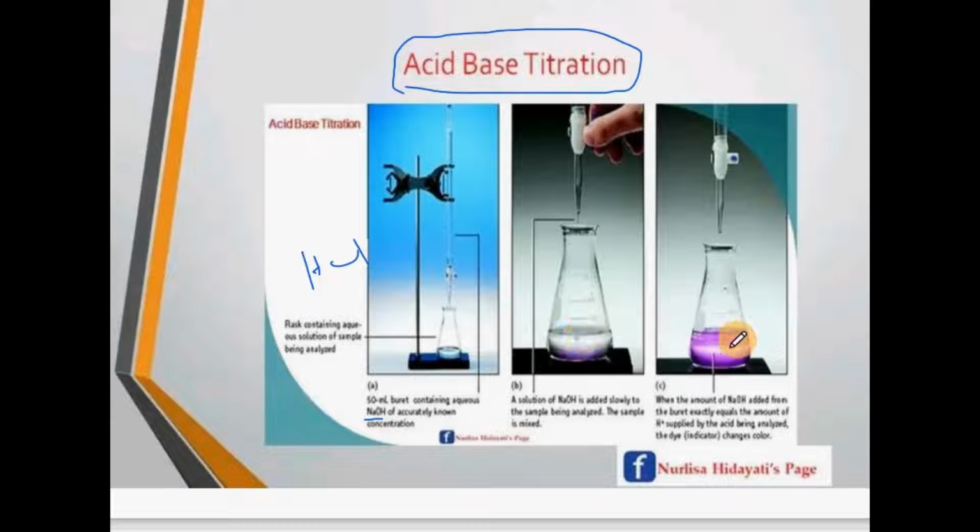When the amount of sodium hydroxide added from the burette equals the amount of hydrogen ions supplied by the acid being analyzed, in this case HCl, the indicator will change color. Here the indicator has a neutral color, but as you keep adding the sodium hydroxide to the analyte in the flask, the color will keep changing from the neutral color to what is seen here.